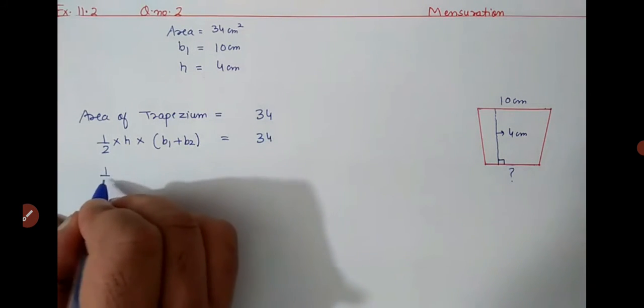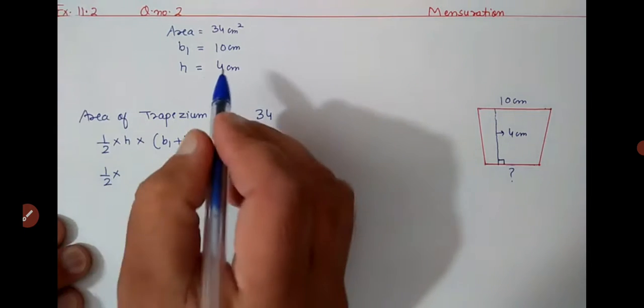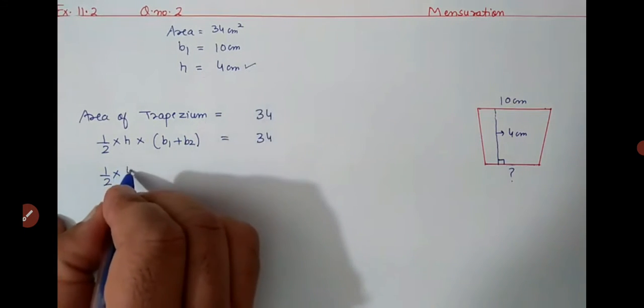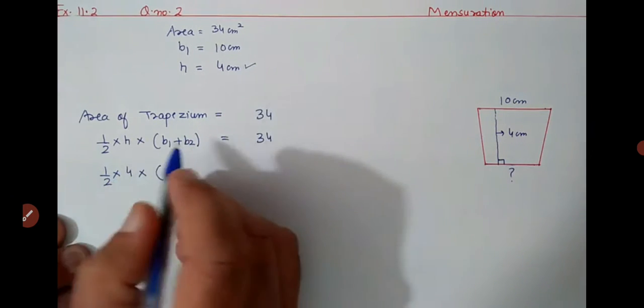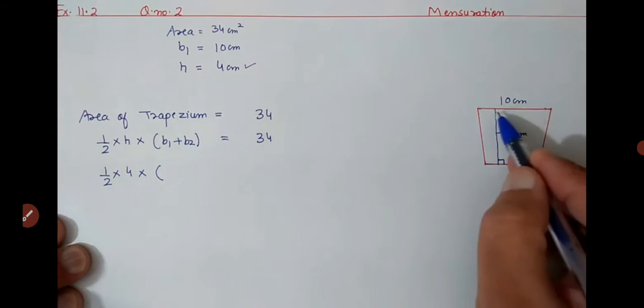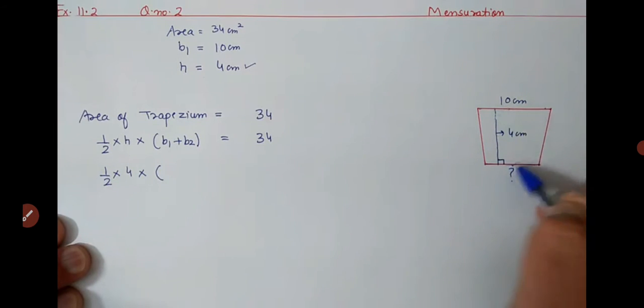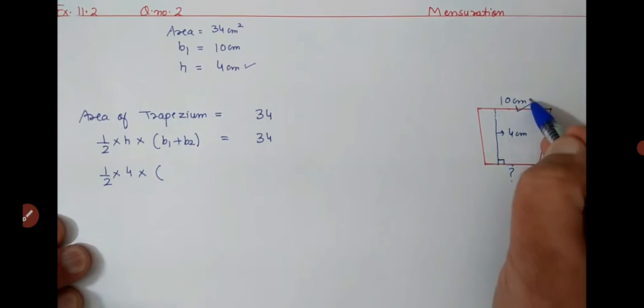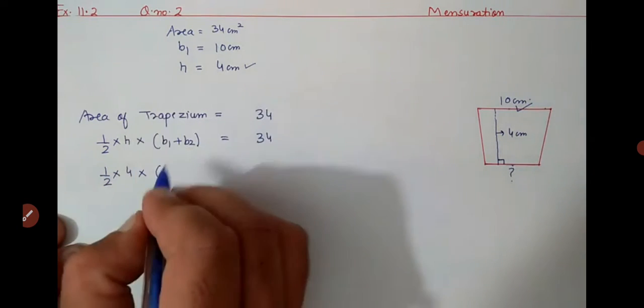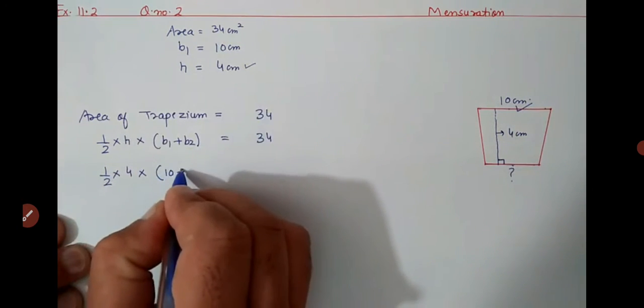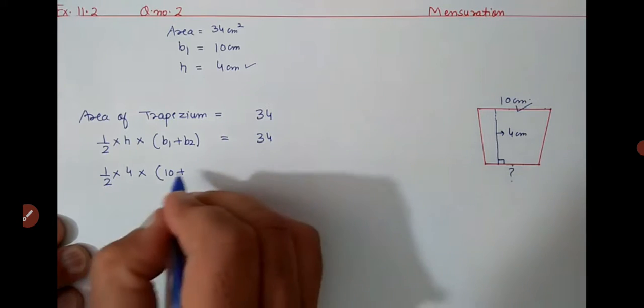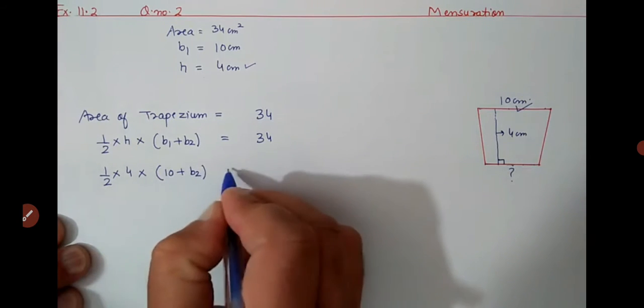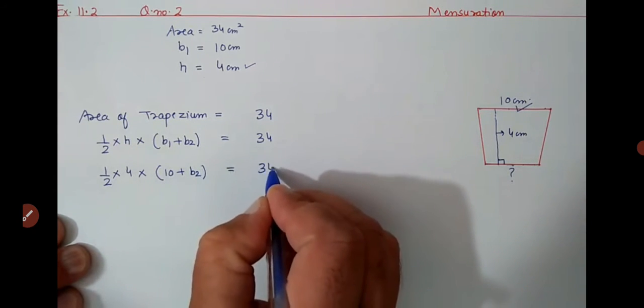Then h is given, so put the value in the formula: 4, and b1 is 10 centimeter. We have to find b2, so b1 is 10 centimeter plus b2, which is not known, so we write b2 as it is, equal to 34.